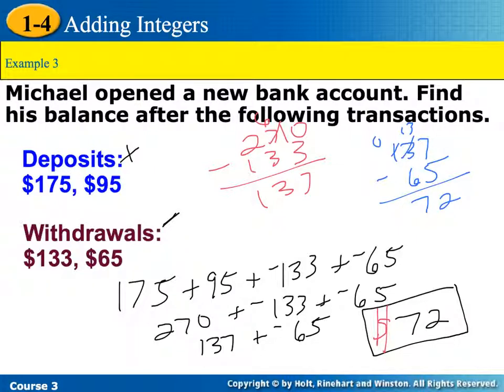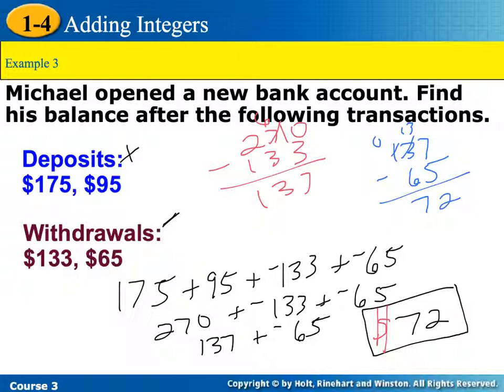You need to have all of your labels. Labels are very, very important. Because I need to figure out, again, am I talking about dollars? Am I talking about pigs? Houses? Flying horses? What am I talking about? Well, Michael, I'm hoping in a bank account we're talking about dollars and not flying horses, because I don't think you can deposit 175 flying horses. It's probably not possible.